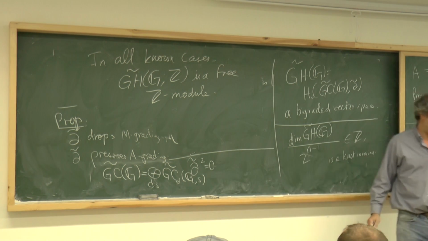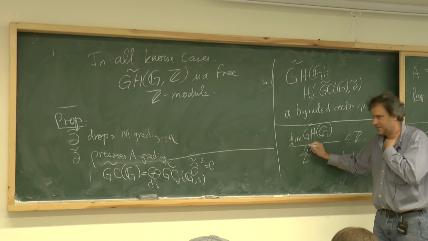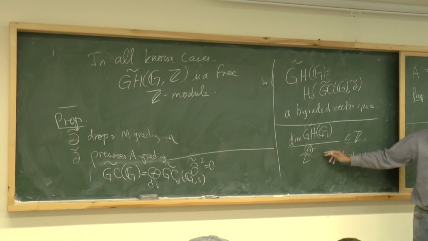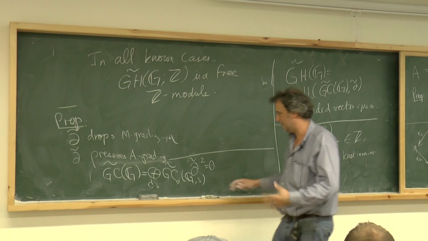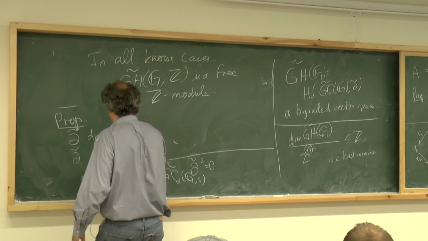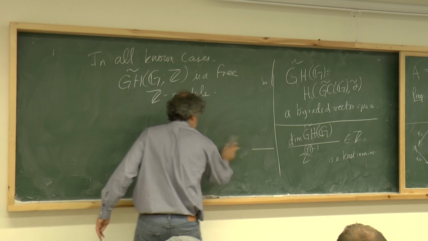Any other questions? Okay, so all right, this is annoying, right? So this is a non-invariant. You have to divide out the dimension by something. But let me give a more precise statement and then a better definition.